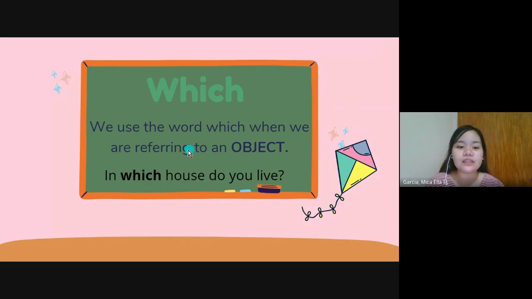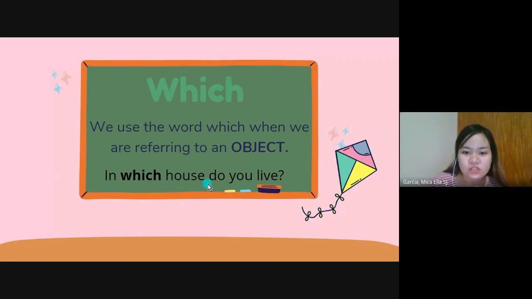Let us take a look at the sentence here below. In which house do you live? Someone is asking which house do you live, so you are asking for the house, or which of the houses do you own. So we use here which to refer to the house.